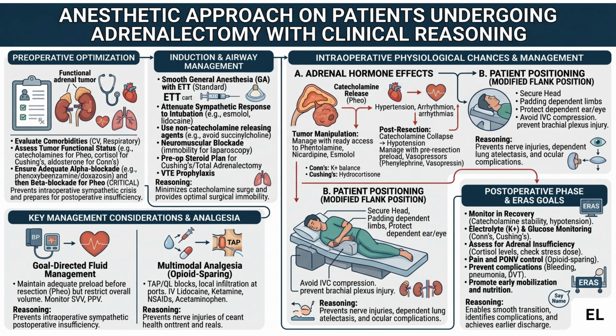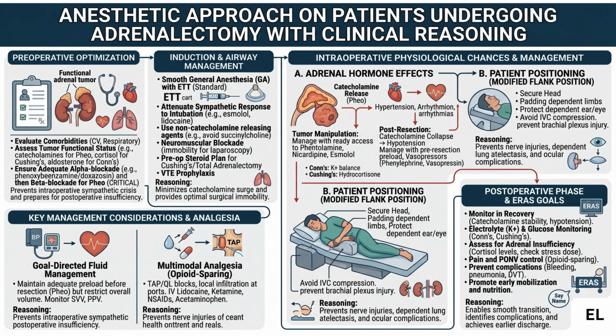In Cushing syndrome, excess cortisol leads to diabetes, obesity, hypertension, poor wound healing, osteoporosis, and increased infection risk. In Conn syndrome, excess aldosterone causes hypertension and hypokalemia, which can predispose to arrhythmias and muscle weakness. Therefore, endocrine investigations become essential before surgery.